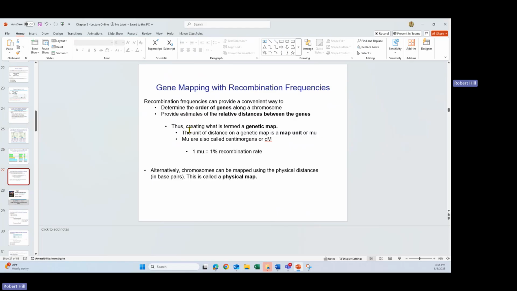And in the next part of this chapter, we're going to be able to see these different frequencies and be able to map genes on a chromosome. For example, if you have 3 genes, you can determine which gene is in the middle based on the distances between all of those genes. It's not rocket surgery here.